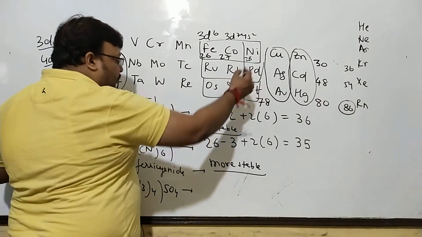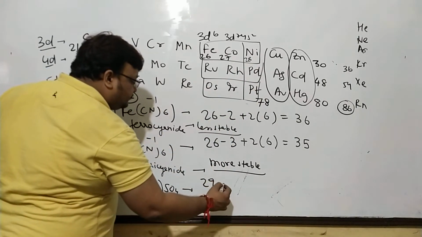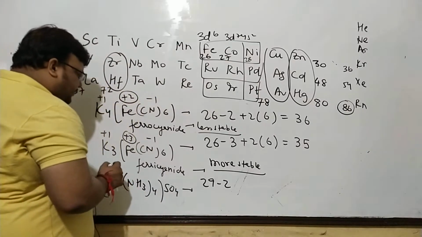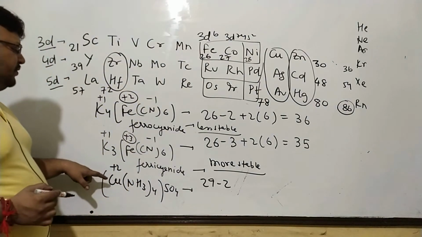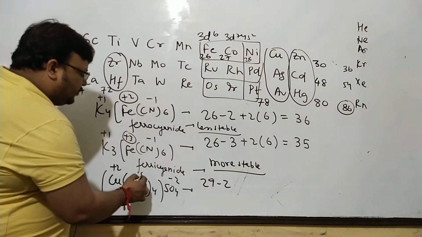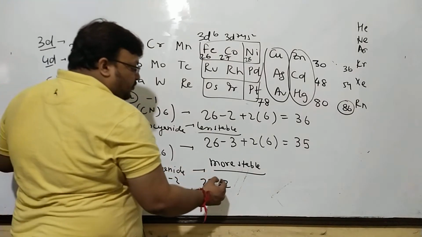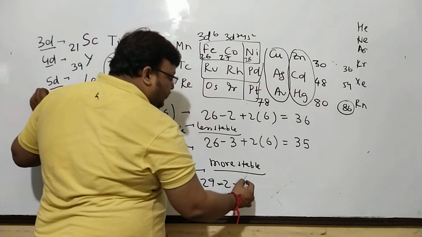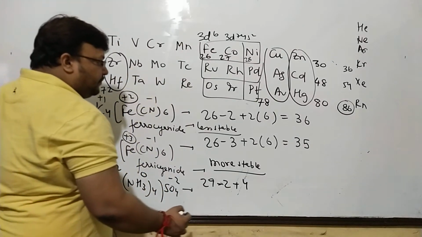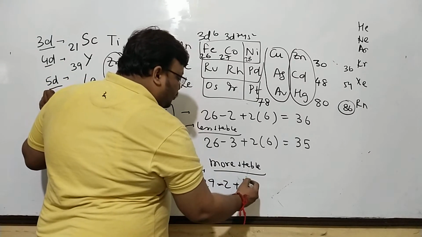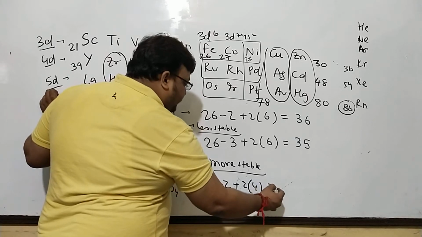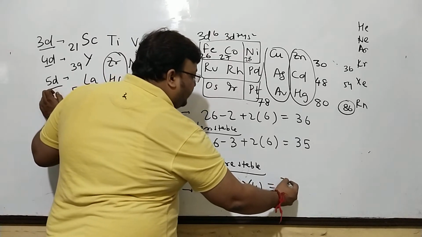So, with copper, 29 as the atomic number, 29 minus 2, which is primary valency, is 27. Cupric. So, minus primary valency plus 2 times 4, 2 times the secondary valency. Now, this will be 27 plus 8, which is 35 again.